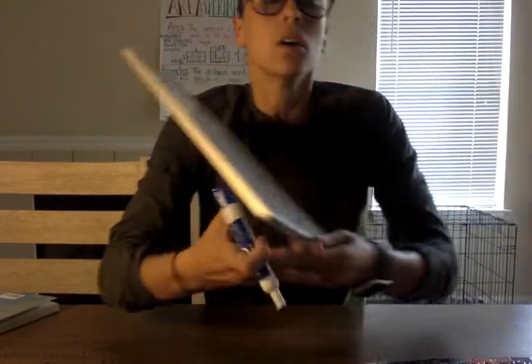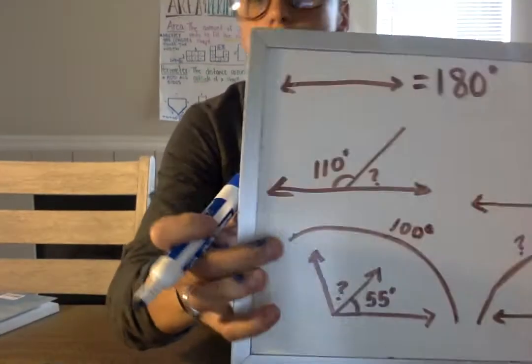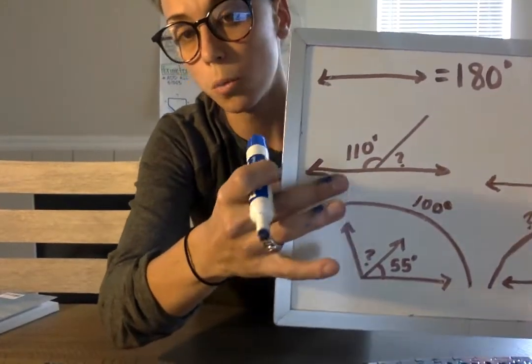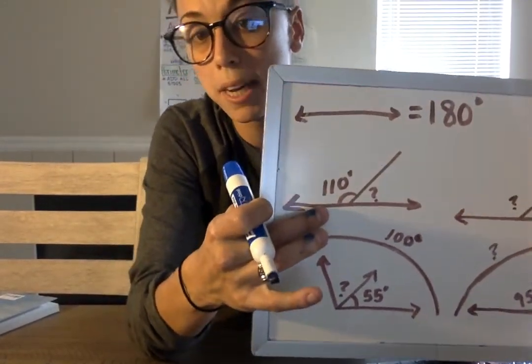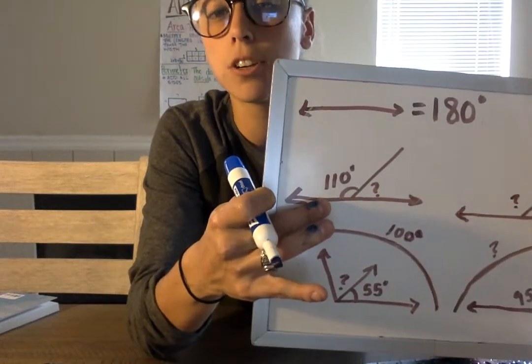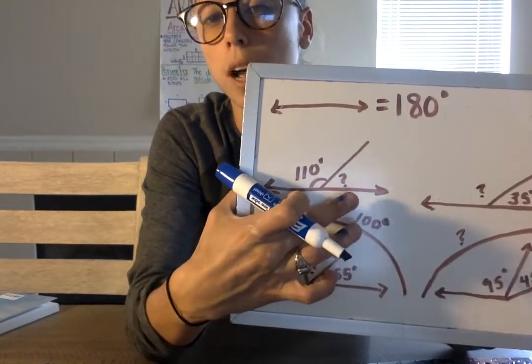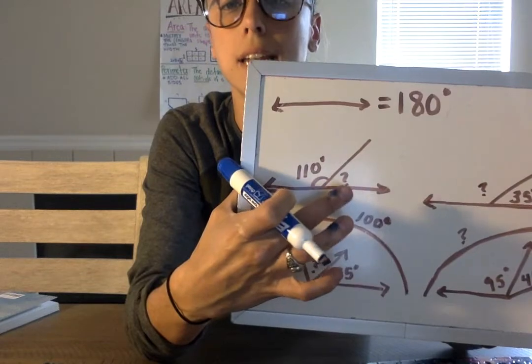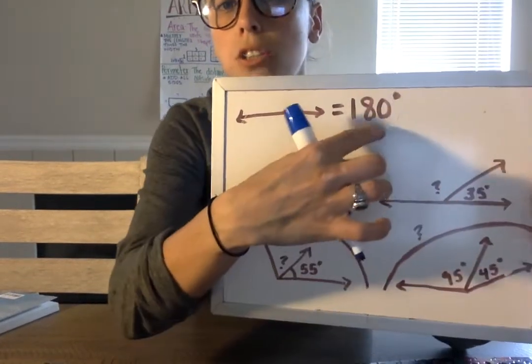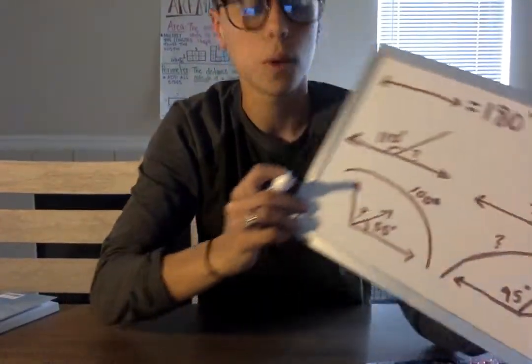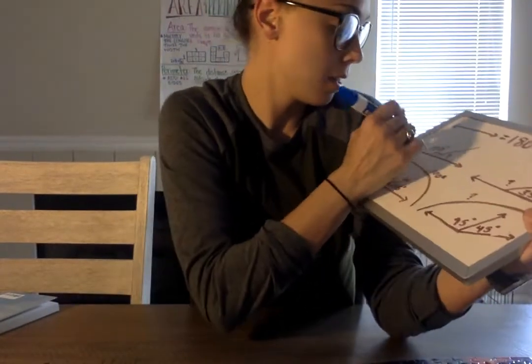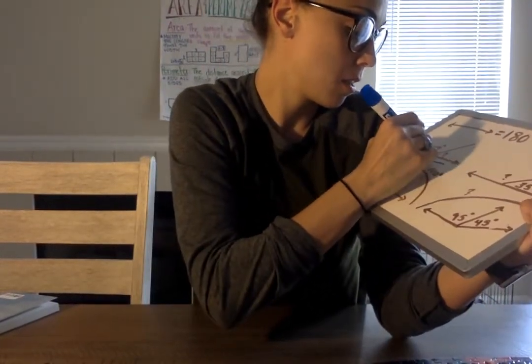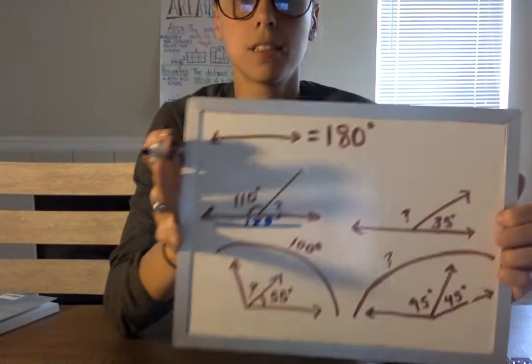So let's take this first question right here. We see that this big angle is 110 degrees, and we have a question mark over at this acute angle that's right next to it. This is why 180 is so important. We know this whole line is 180 degrees, okay?